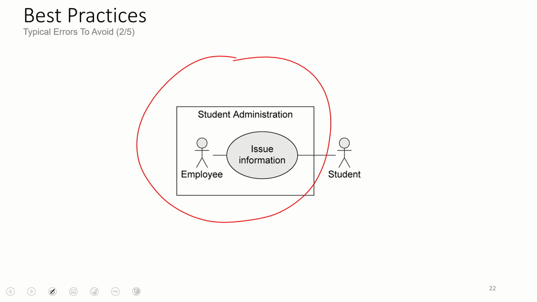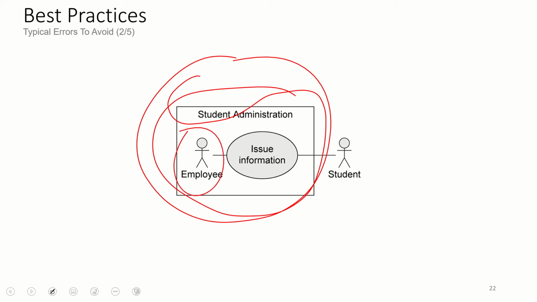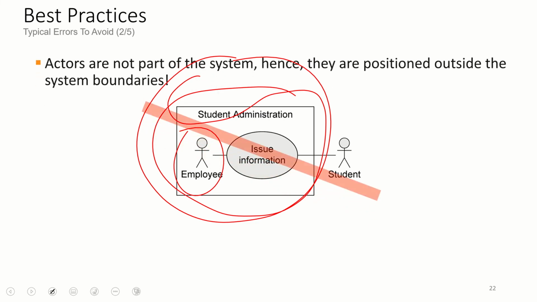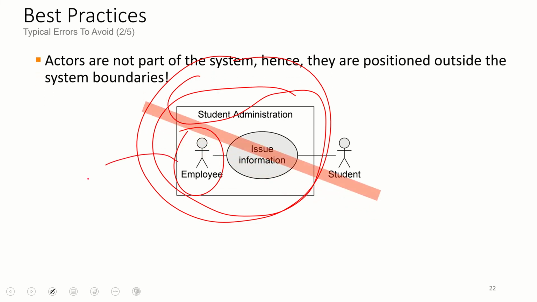When people draw the use case diagram, they draw a rectangle as the system, and they include the actor inside it. Basically the right way is to put the actor outside, because the actor is not part of the system.